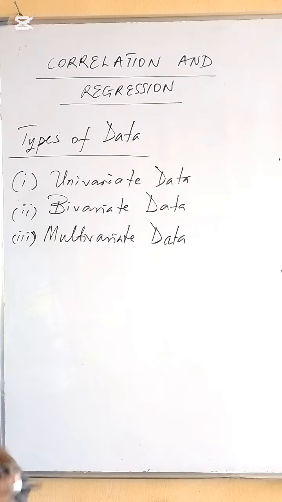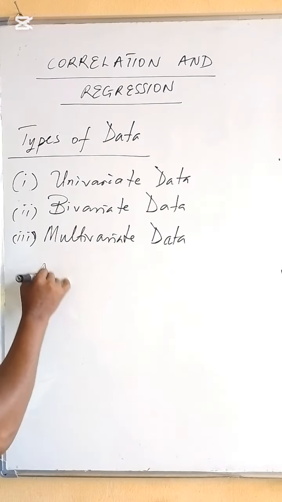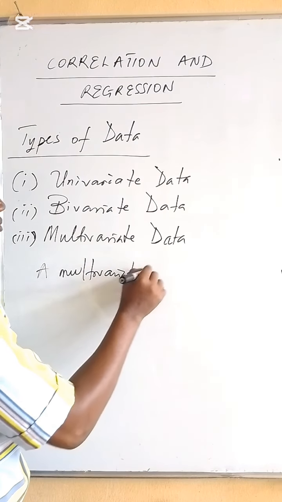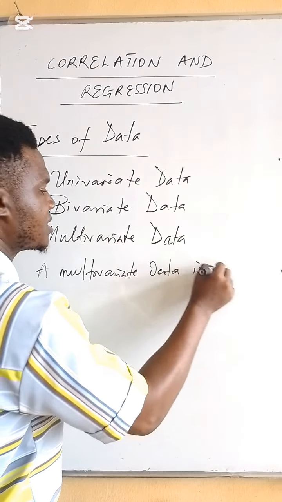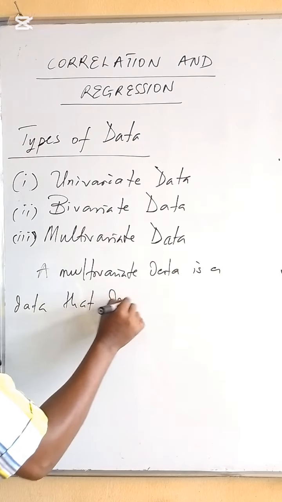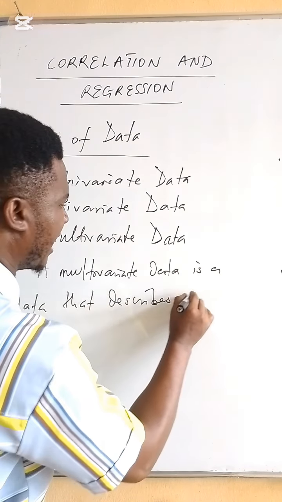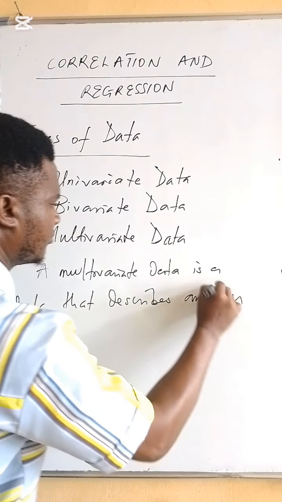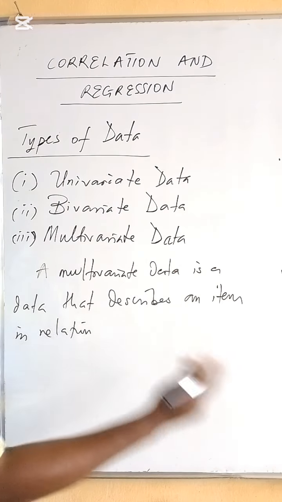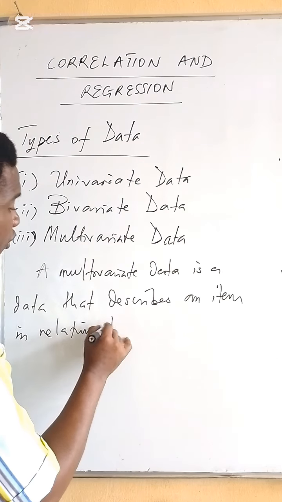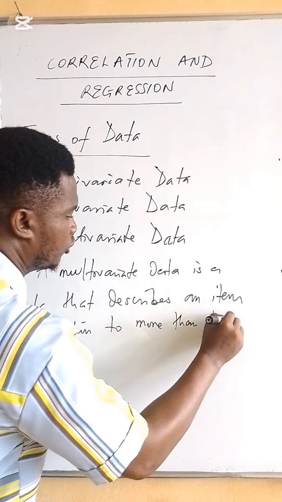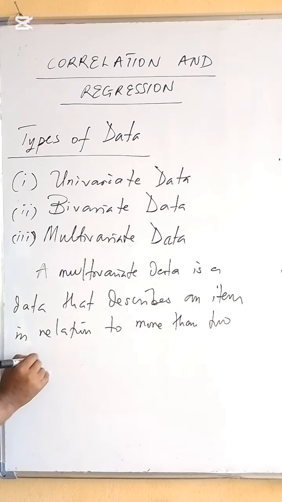Now, let's come over to multivariate data. A multivariate data is a data that describes an item in relation to more than two variables.